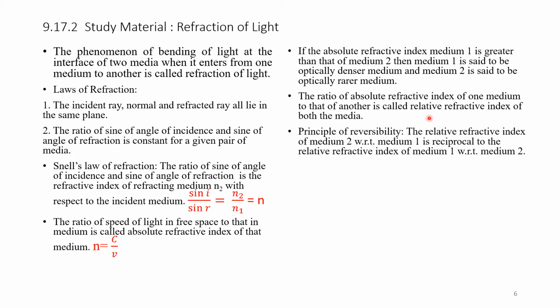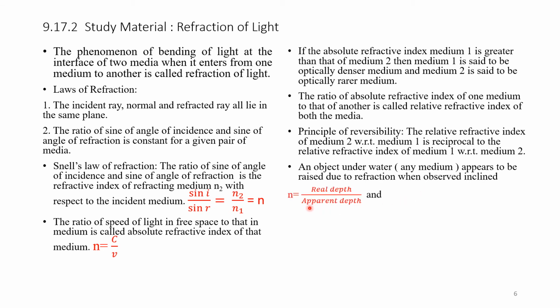Principle of reversibility: the relative refractive index of medium 2 with respect to medium 1 is the reciprocal of the relative refractive index of medium 1 with respect to medium 2. That is, n21 = 1/n12. An object under water appears to be raised due to refraction when observed obliquely.